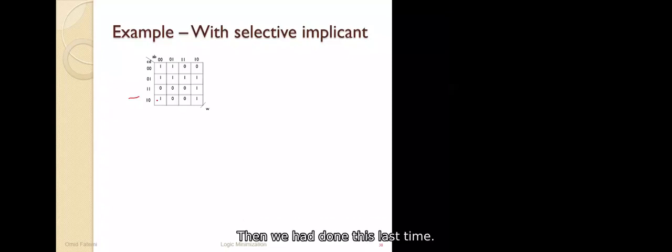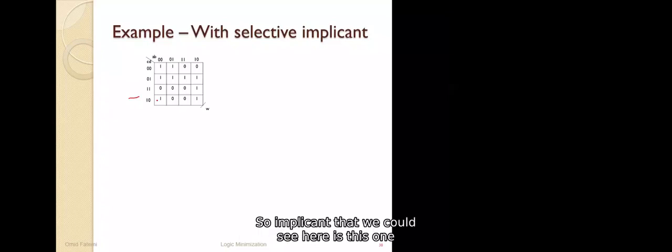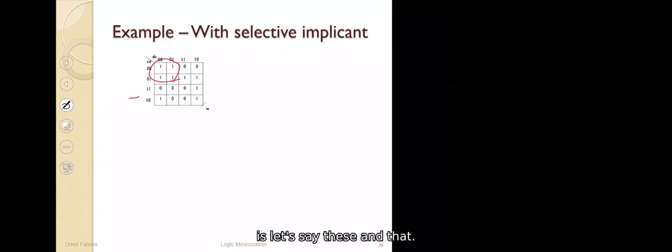We had done this last time. So the implicant that we could see here is this one, let's say this and that. Again here, 4 ones. That's it? Any more?